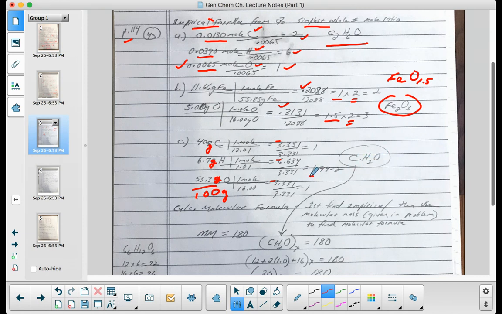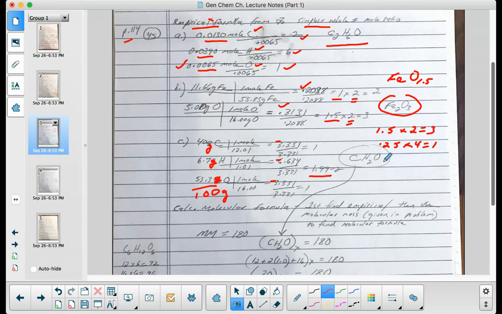Some of these you can round up. 1.99 is close enough to round it to 2. And in some cases, so for instance, if you get a 1.5, you just multiply a 1.5 ratio by 2, you'd get a whole number. If you get a 0.25 value, you would just multiply that by a 4 and you'd get a whole number.